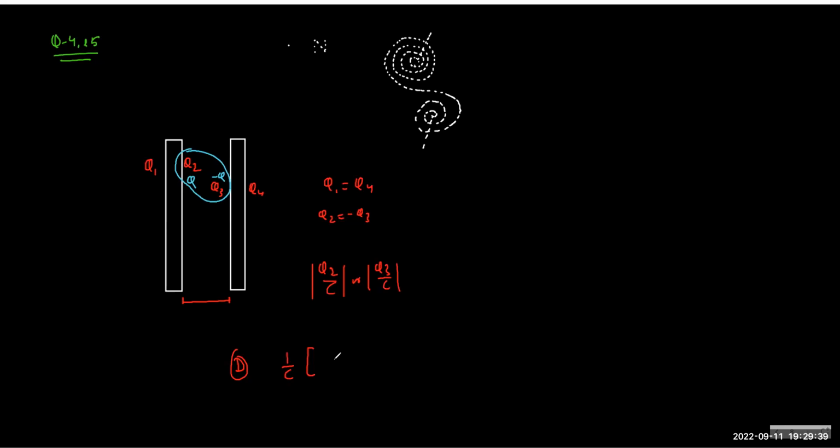And I need to just check whether the D part, coming back to the problem in the first case. So it's Q1 plus Q2 minus Q3 minus Q4 like this. Q1 by C. It is Q1 plus Q4 plus Q2 minus Q3.